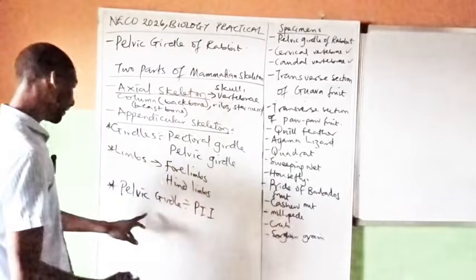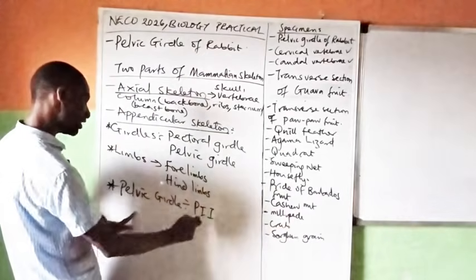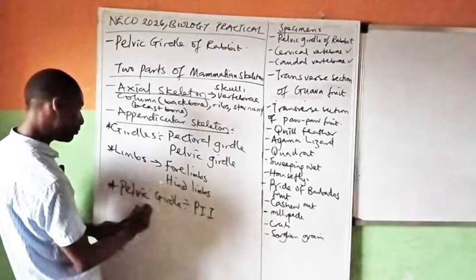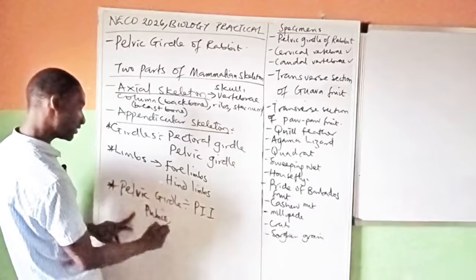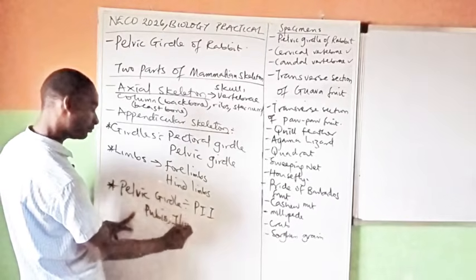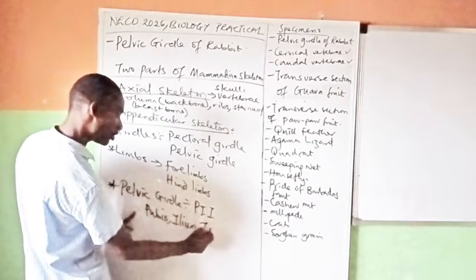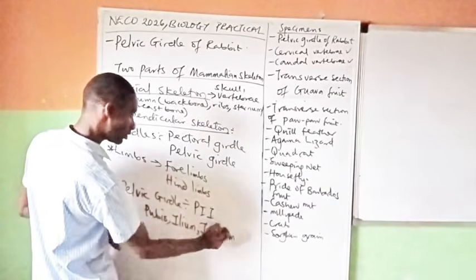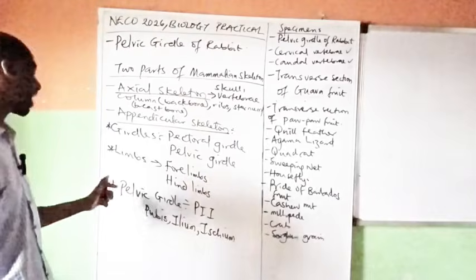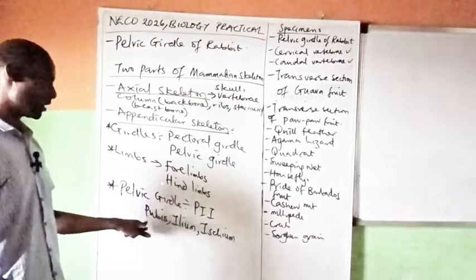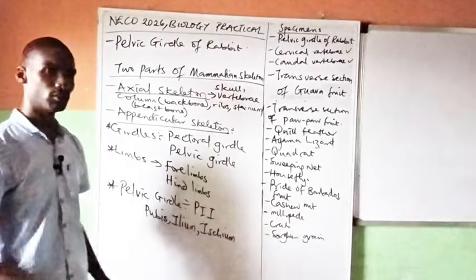The pelvic girdle is made up of the pubis, the ilium, and the ischium. So these are the 3 bones that make up the pelvic girdle.